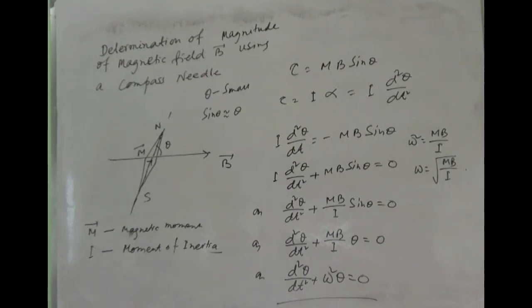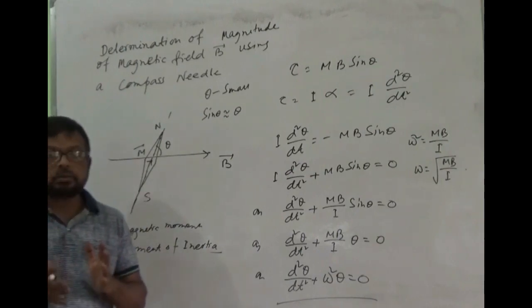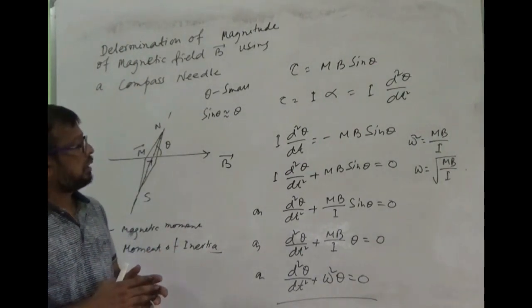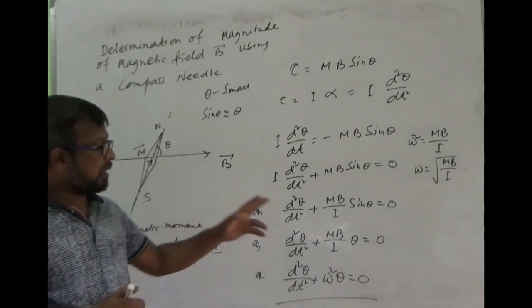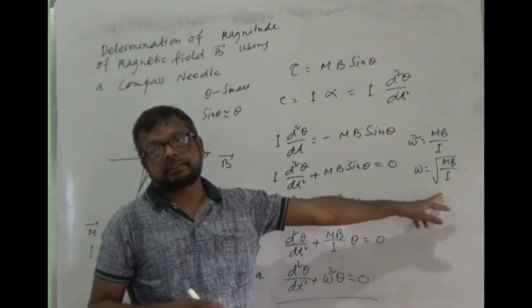In our starting discussion, we said that since the compass needle experiences a torque, it wants to oscillate, and the angular frequency of that oscillation is this.